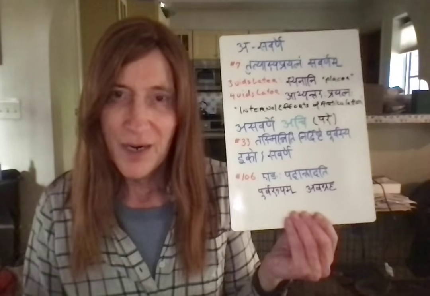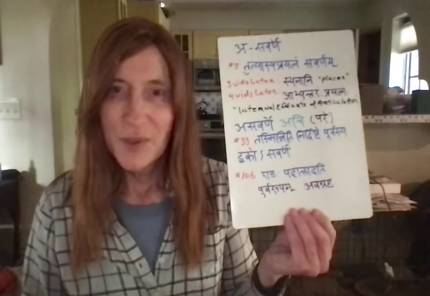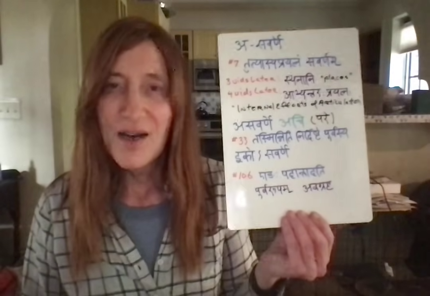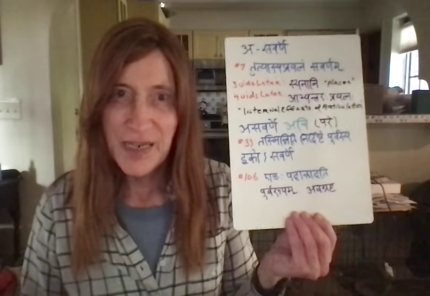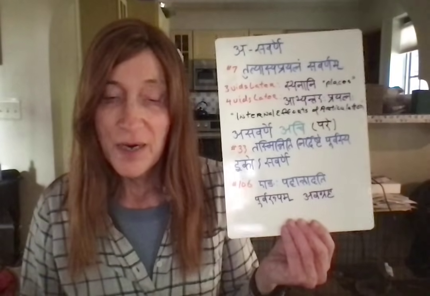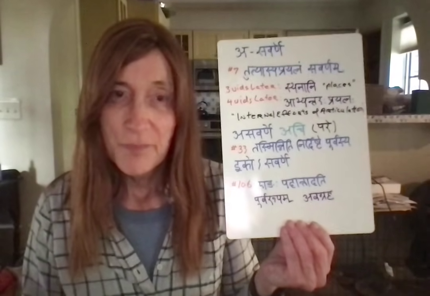Now here's where we separate the wheat from the chaff. What are the places of articulation exactly? How do we know if they're the same or not? And what are the efforts of articulation? I made several videos, maybe 4, on this topic.